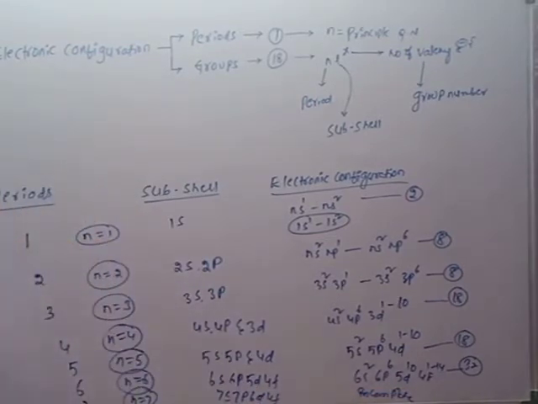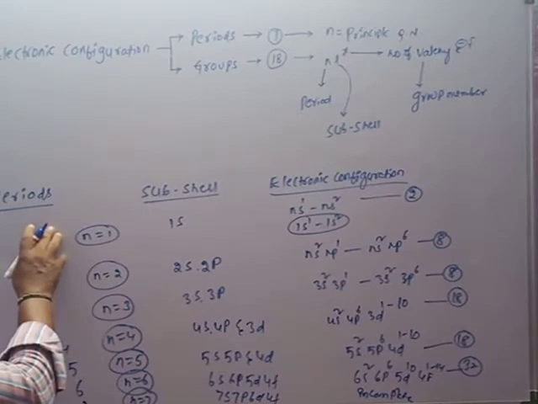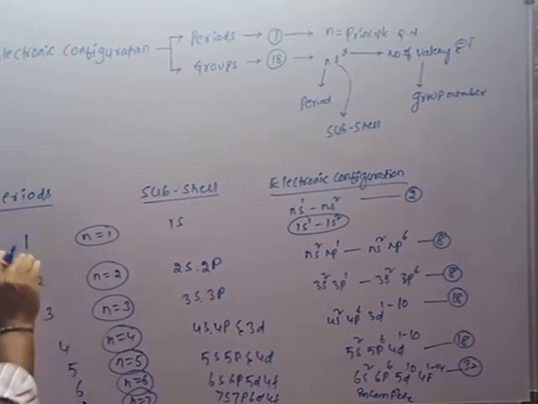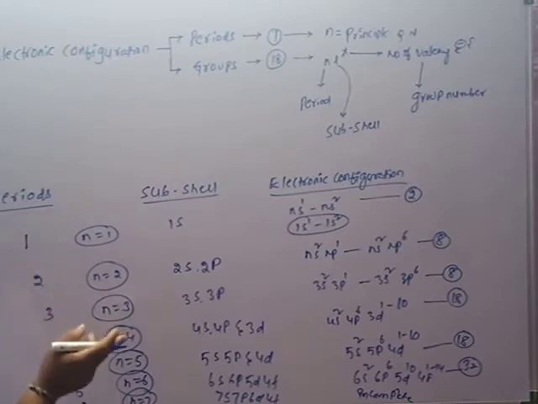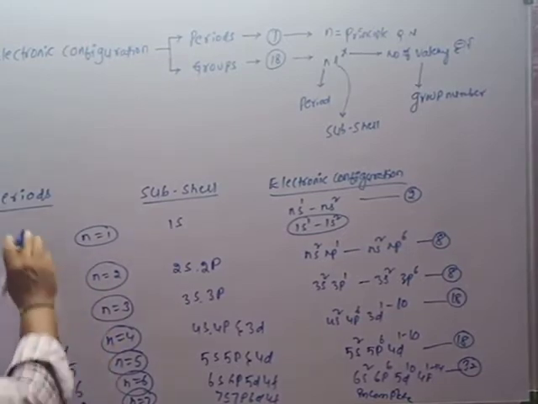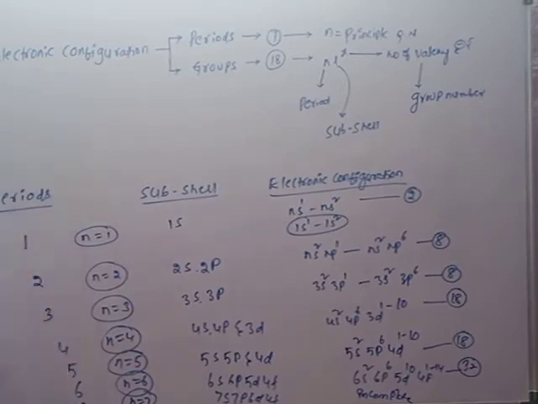Like that, it is the electronic configuration of the elements in periods. First period means its configuration wherein n value is 1, second period n value 2, n value 3, n value 4, like that.